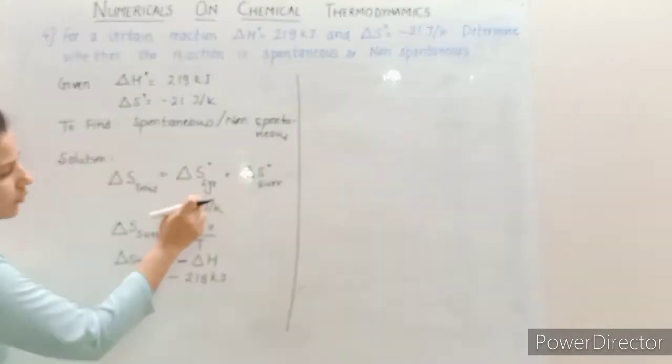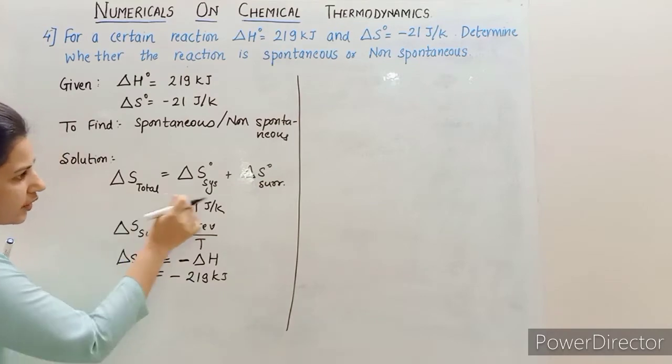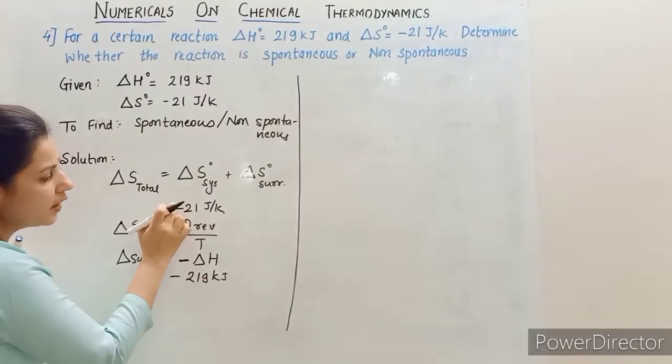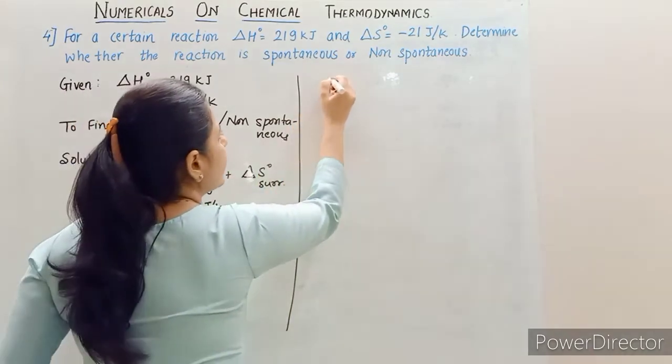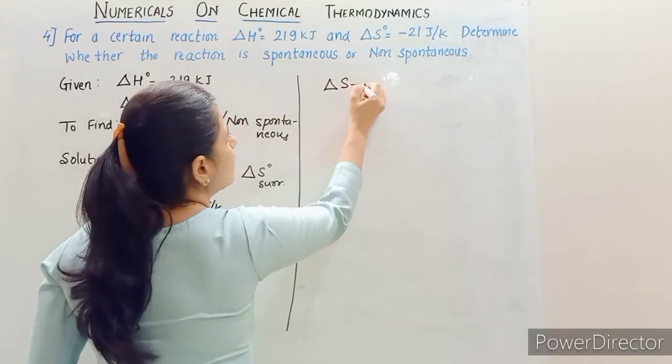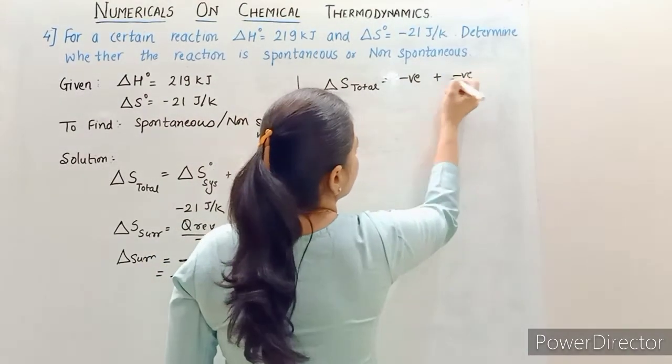Okay, so now since this is negative, this delta S for surrounding has also become negative, so minus plus minus. So your delta S total will be a negative plus a negative, two negatives.